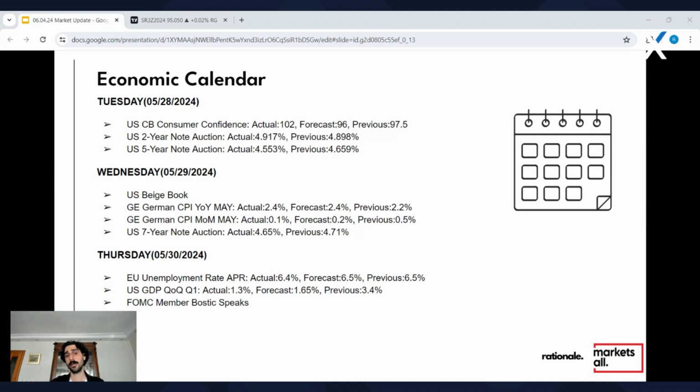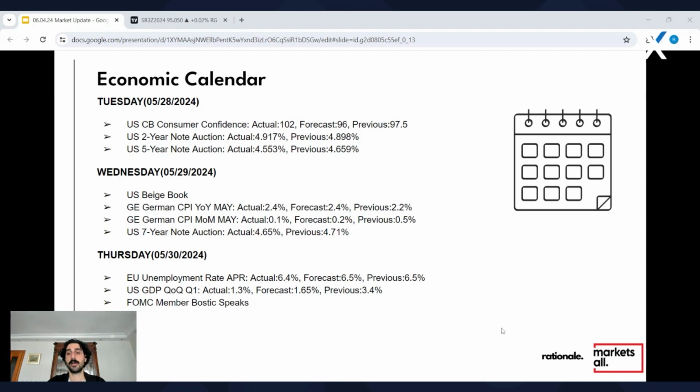In that downward revision, we see a reflection of this consumer spending issue in the GDP data as well. Also, in comparison, real GDP grew by 3.4% in the fourth quarter of 2023. So from 3.4 to 1.3.